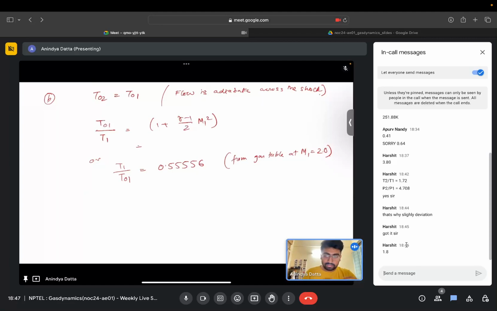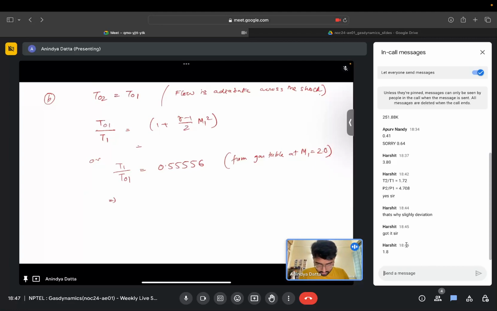Again, as I said, you can directly compute it. Today I'm trying to explain how to use gas tables to solve these problems, but you can also directly apply the formulas here.